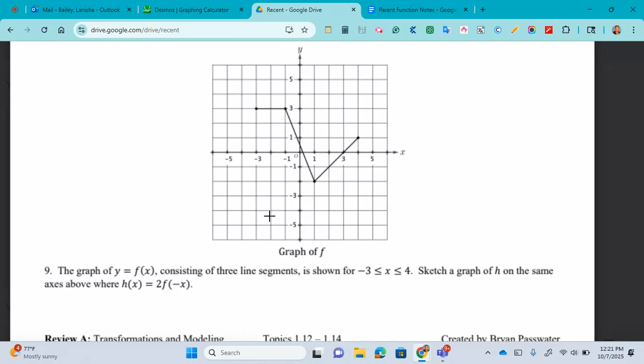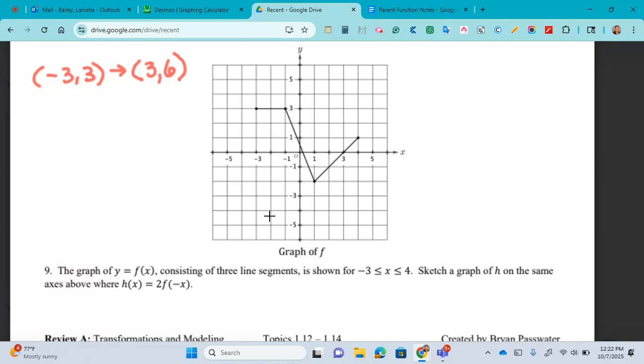So first, I'm going to try to get points. Let me get my coordinates. I got a coordinate at negative 3, 3. My x is now negative, so it's not negative 3, but that's going to be 3. My y, which is vertically stretched, is going to be multiplied by 2. So my next point is 3, 6.